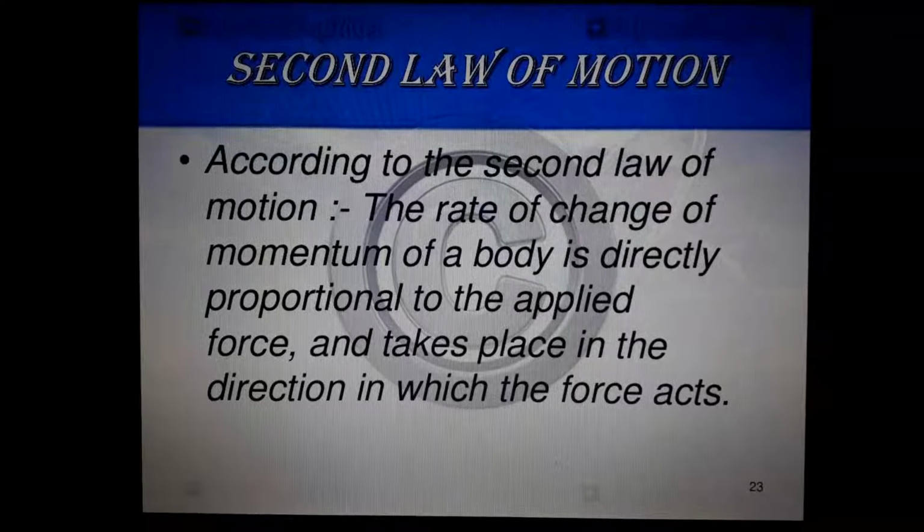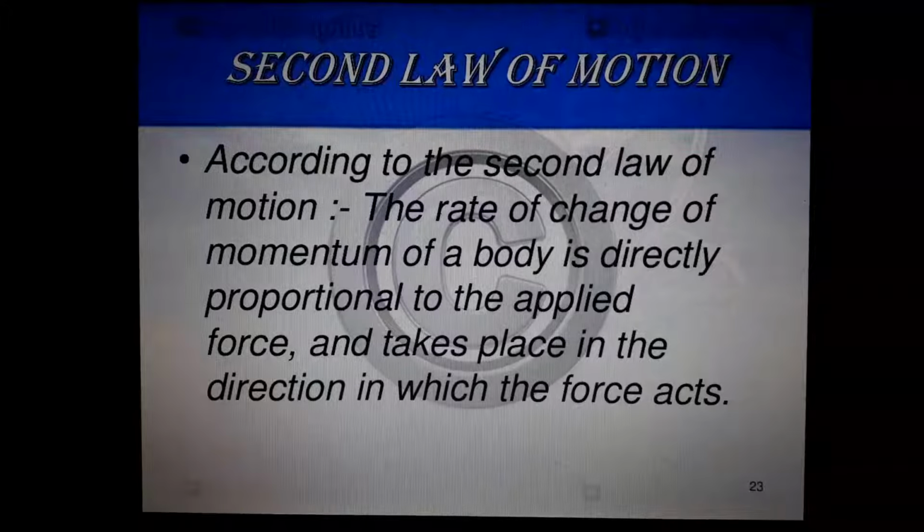That means if force is more, momentum change is more. Force is directly proportional to the rate of change of momentum. That is the second law of motion, and it takes place in the direction in which the force acts.